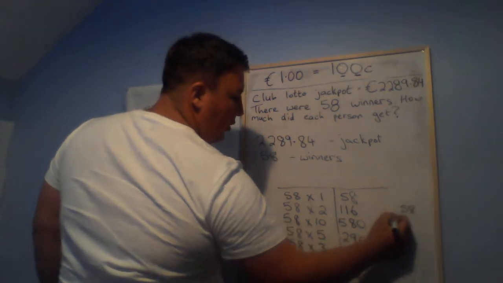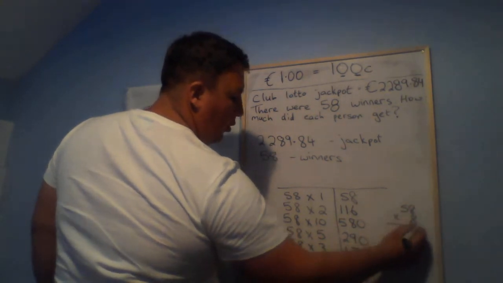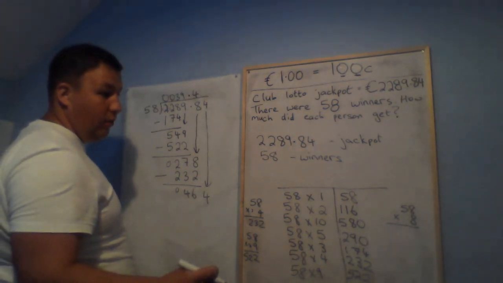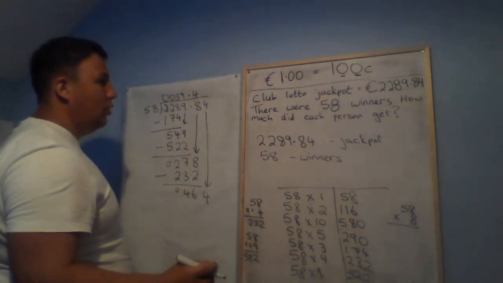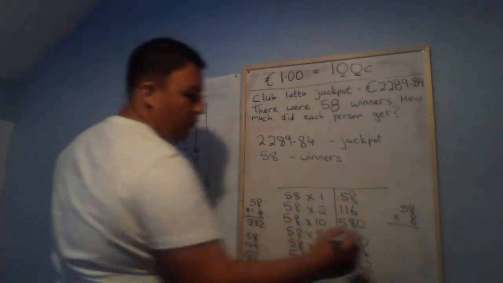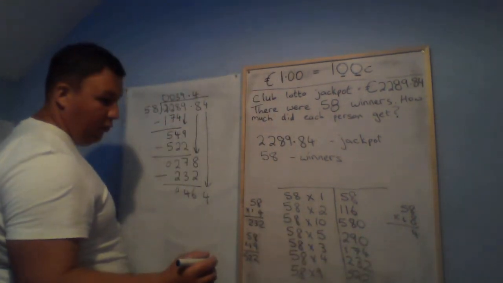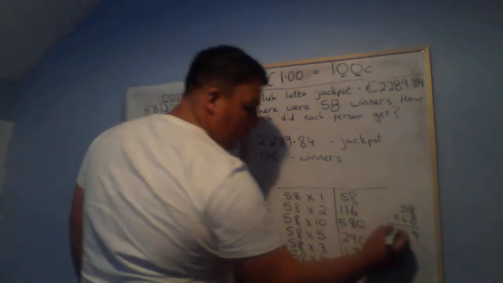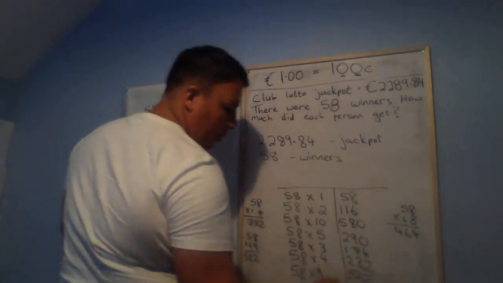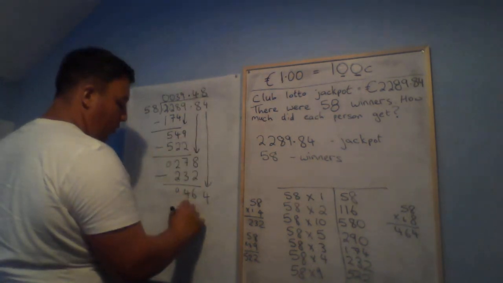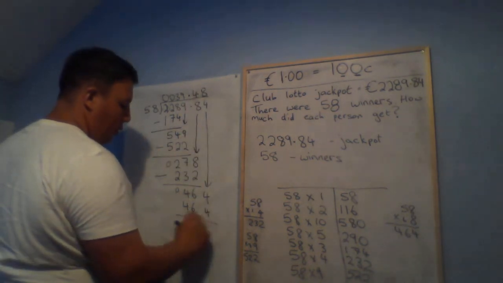So 58 times 8. 8 eights is 64. 8 fives is 40 plus 6 is 46. So 8 times, and we have 4, 6, 4 at the end.